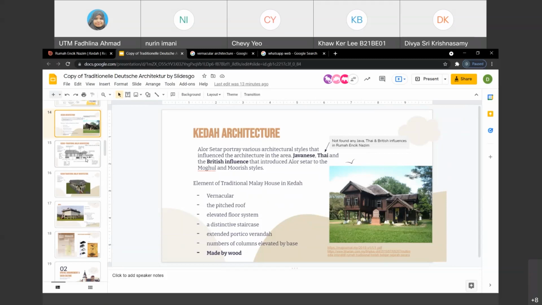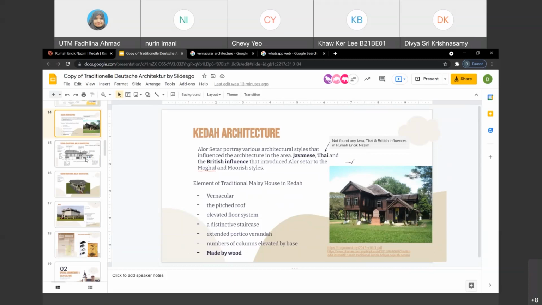But the thing is the Kedah architecture, I think you need to research more on this one, because the elements of the traditional Malay house in Kedah are too common, common to all Malay traditional houses. So what are the specialties of the Kedah traditional house? For instance, if you are talking about the Malacca traditional house, we know that the specialty is the open veranda.